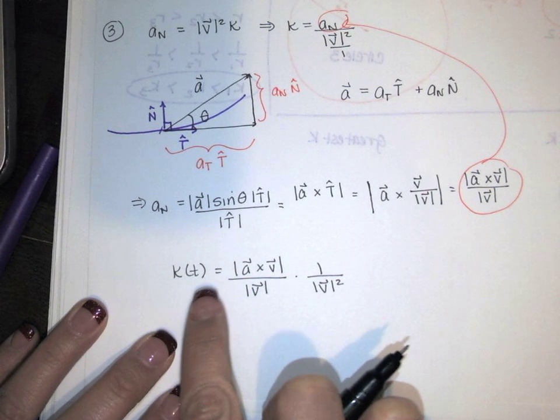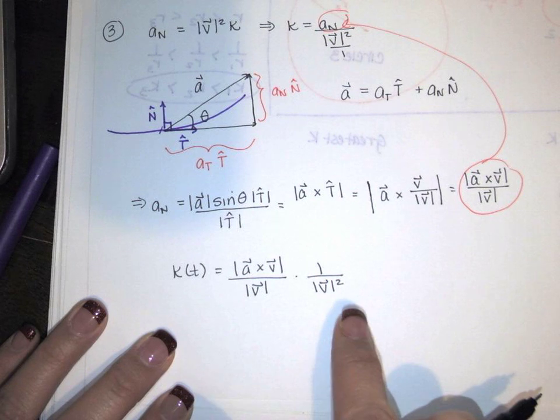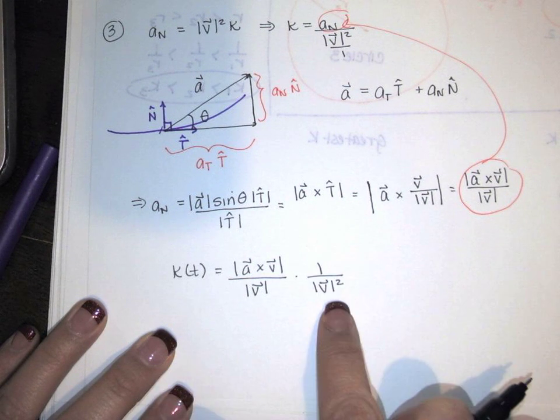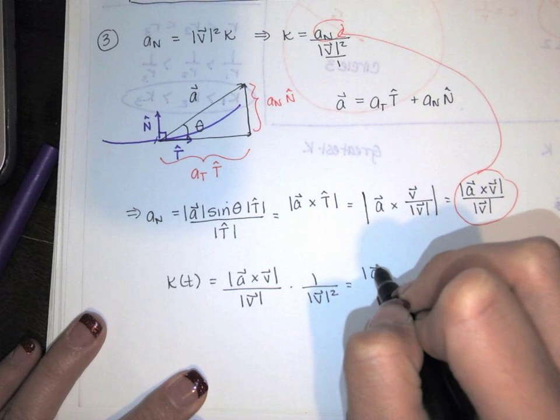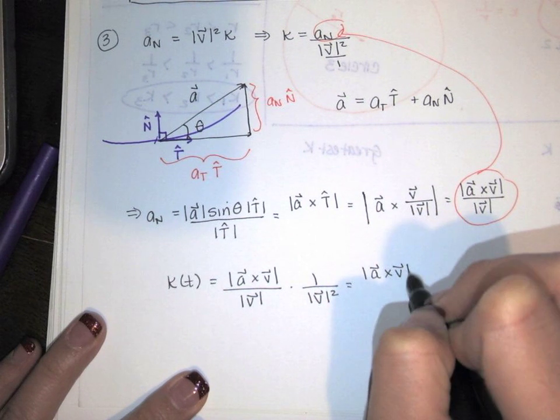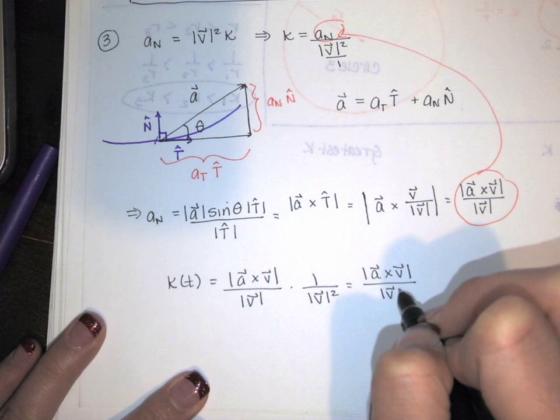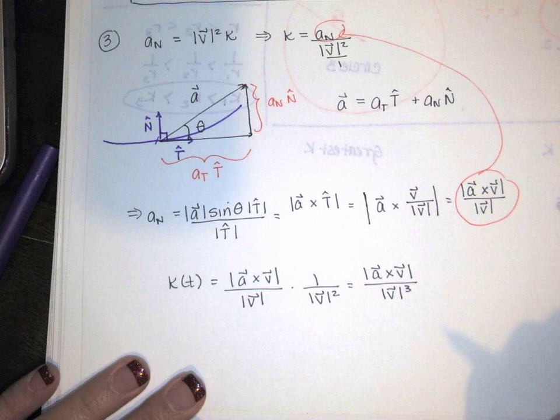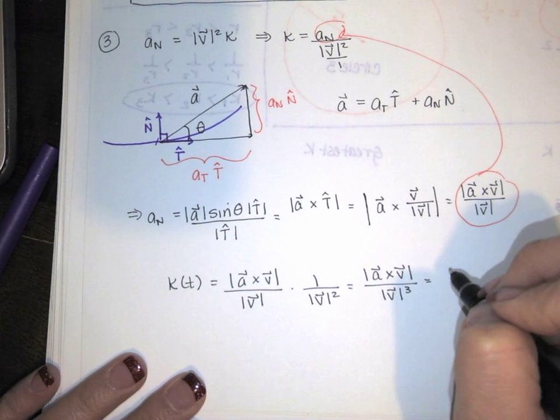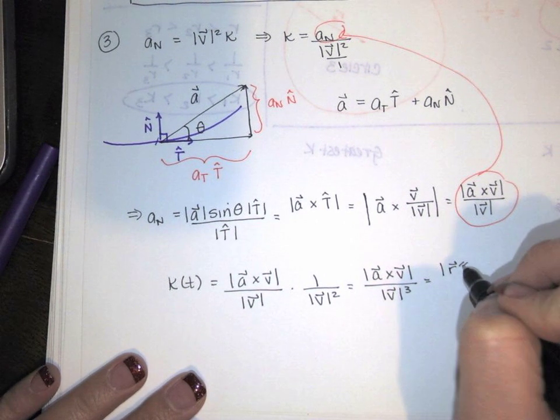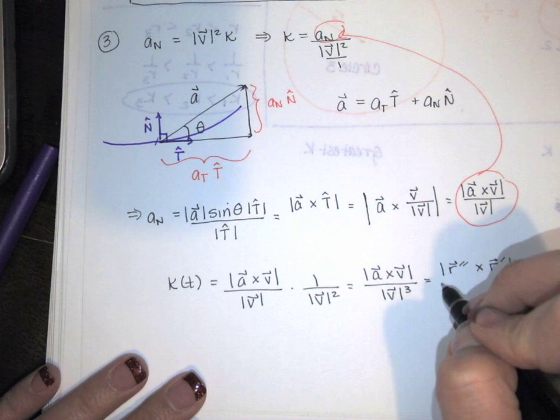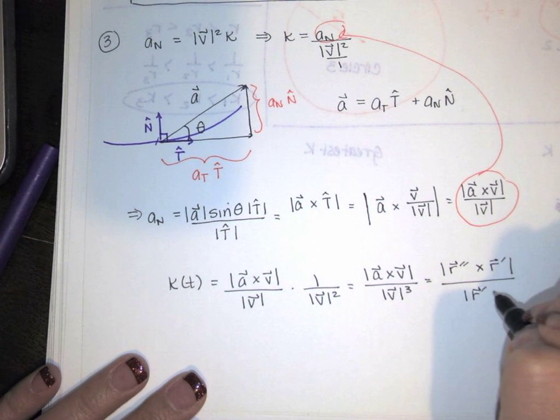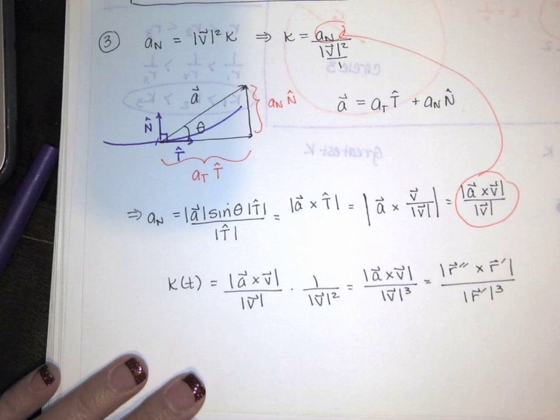So I've got a sub n times 1 over the speed squared, and that gives us this: curvature in terms of acceleration and velocity. Or if you prefer, and this is the one I prefer, acceleration is r double prime, velocity is r prime, and that's r prime cubed down there.